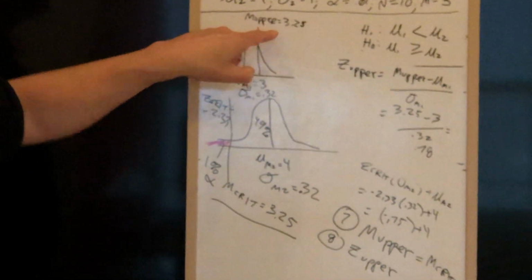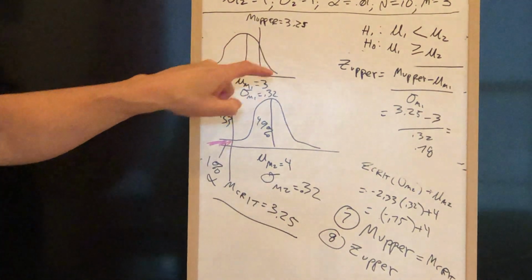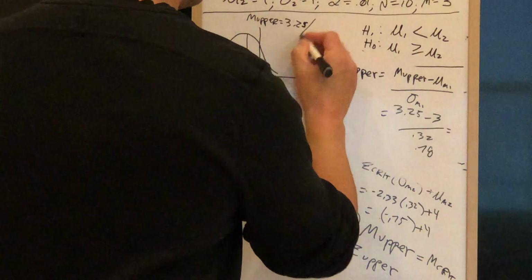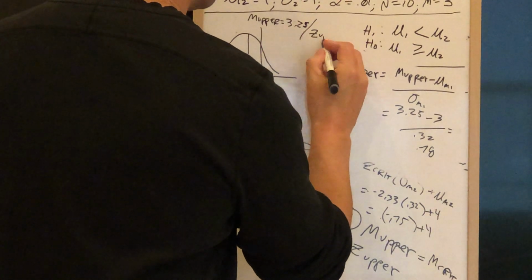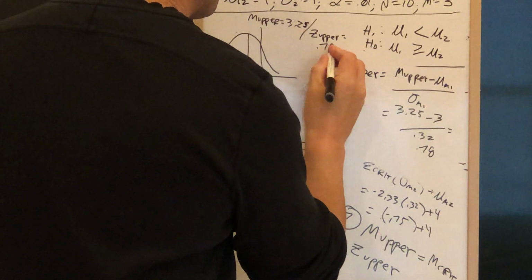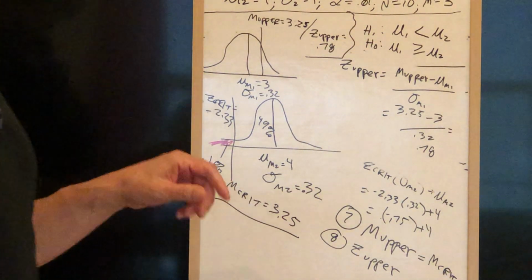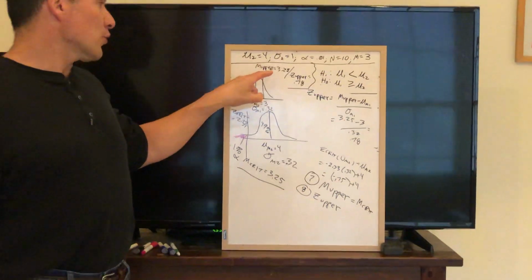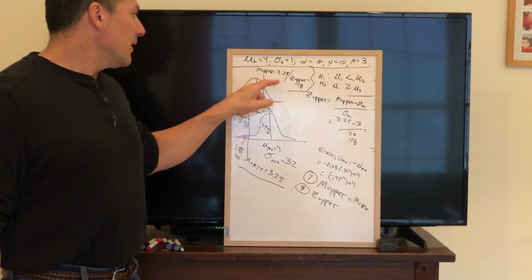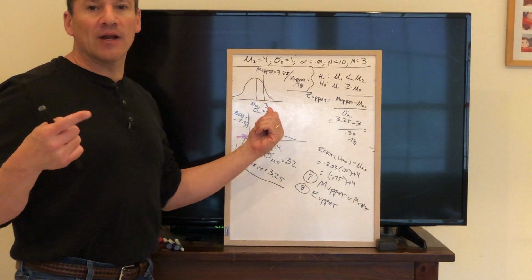0.78. So this score, 3.25 as a raw score on that upper distribution, corresponds to a z on that upper distribution of 0.78. Meaning that on that upper distribution, that raw score of 3.25 is 0.78 standard deviations above the mean.